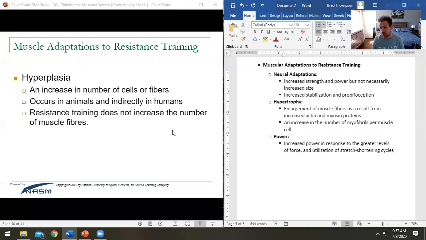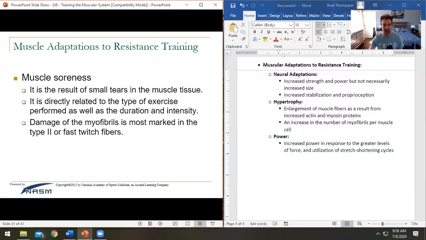It occurs in animals pretty commonly, but it occurs in humans a little less commonly, or a little less directly, rather. Resistance training doesn't do this. When you do resistance training, you're not making more muscle cells, you are making larger muscle cells. For the most part, your genetics determine how many muscle cells you have. If you want to look like you have more muscle, you need to make those cells bigger through hypertrophy. Hyperplasia is not really something we're going to experience as often. So, like I said, I'm going to move past that.